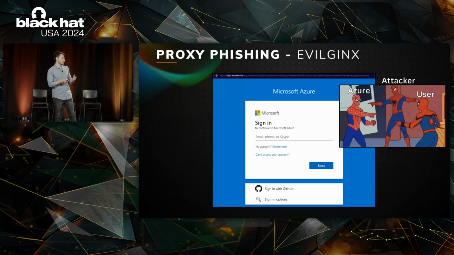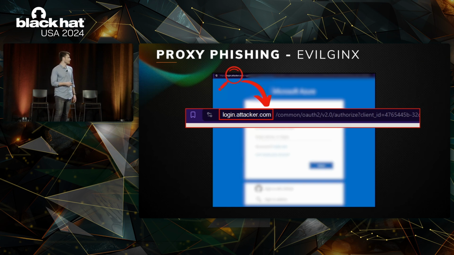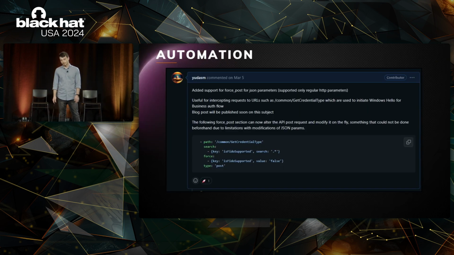If Microsoft did some rebranding sometime, it would still look exactly like how Microsoft rebranded it because it's just a proxy. The only real way to tell is by the domain name. In this case, it might not be so obvious, attacker.com, but that's a malicious domain. But in all seriousness, attackers can use typosquats and try to modify Microsoft, swap an O for a 0, and try to look like Microsoft.